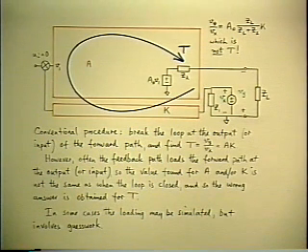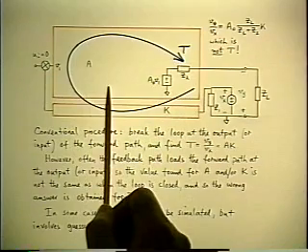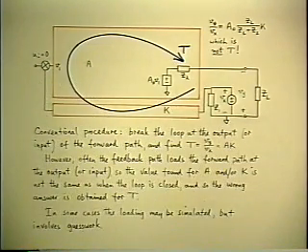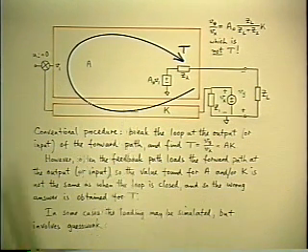Well, the reason we can do better with the T now is that even though we may still break the loop, we are not restricted any longer to breaking the loop at the output or the input of the feedback path, since we don't need to know A separately. We can break the loop anywhere, and we may be able to find a place where we can break the loop without upsetting the loading.